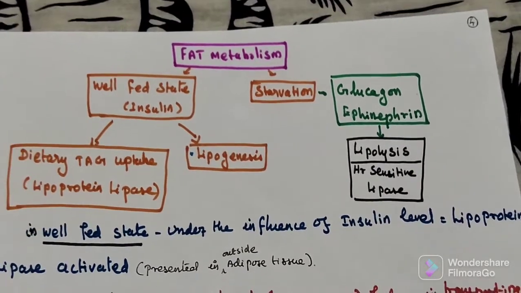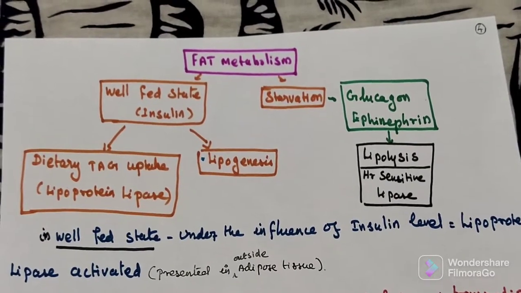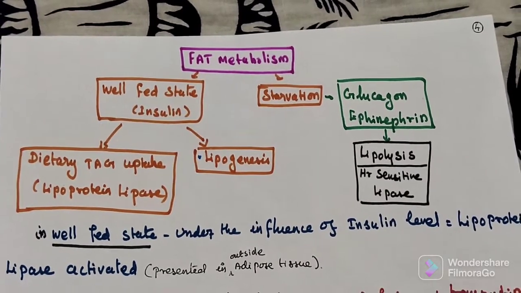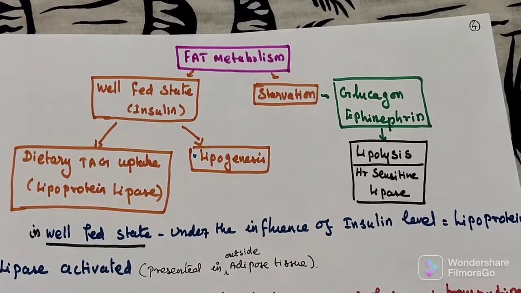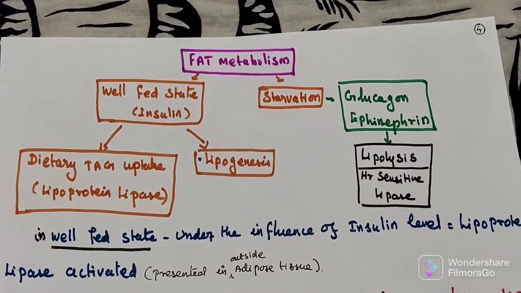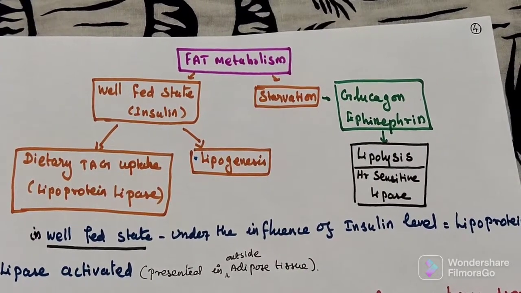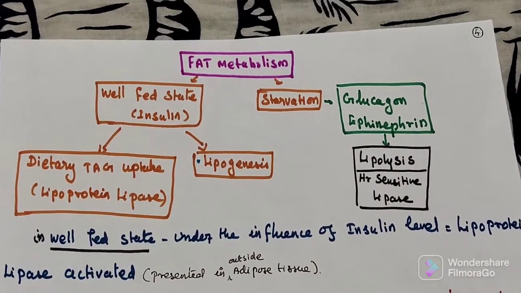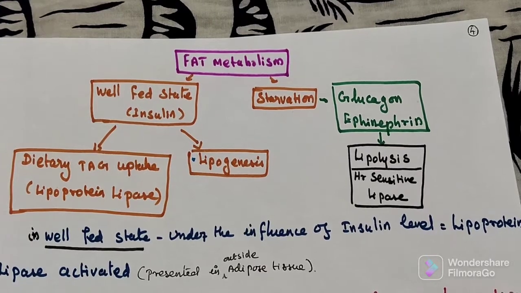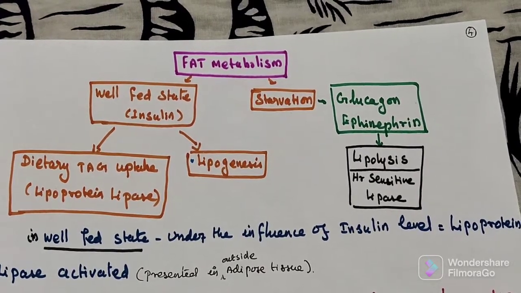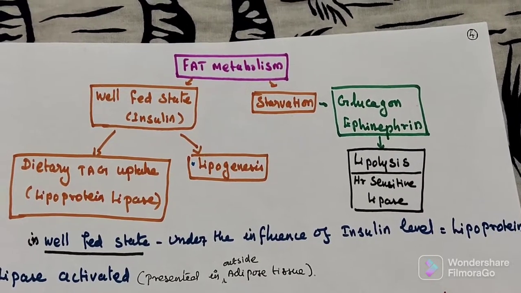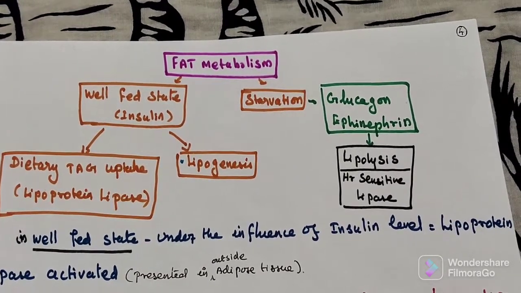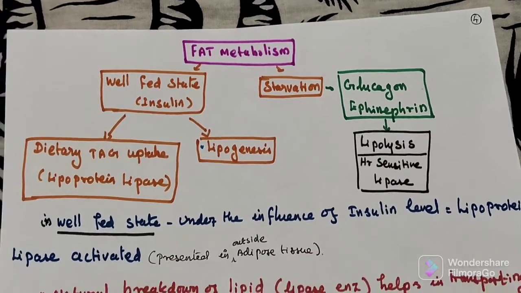Summary: insulin levels are high in the well-fed state when we have eaten food. Glucagon and epinephrine, these hormones, are high when we are in the starvation state. Under the influence of insulin, the triacylglycerol from chylomicron and VLDL is taken up by the adipose tissue, and this happens by activation of the important enzyme lipoprotein lipase.